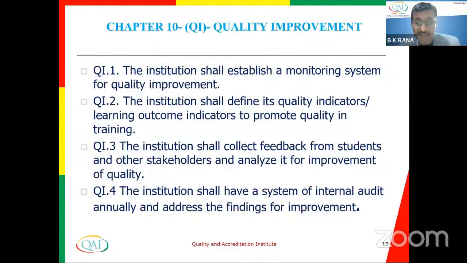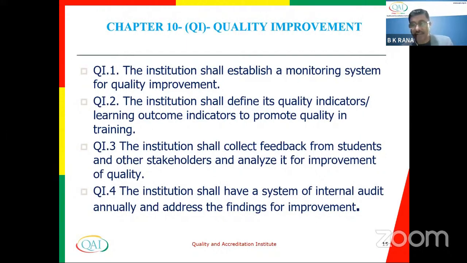The institution shall have a system of internal audit annually and address the findings for improvement. The internal audit is one of the best management tools to identify any deficiency existing in your own system. Before somebody from outside comes and indicates it, it's better you identify your own deficiencies based on your own criteria.